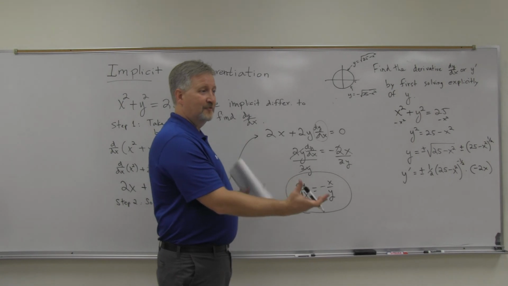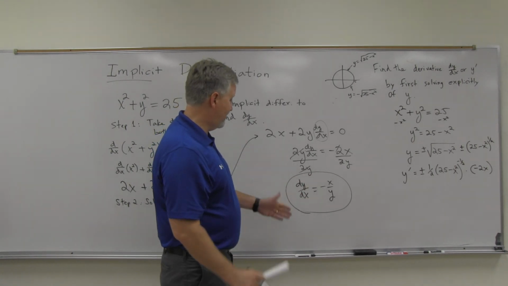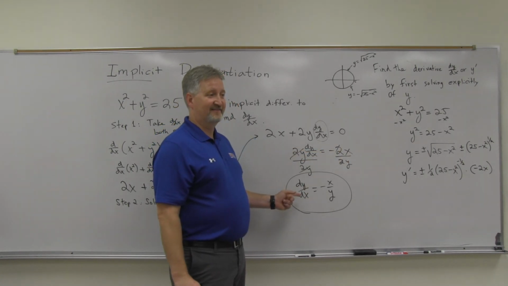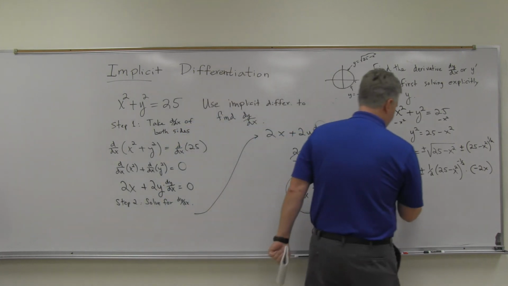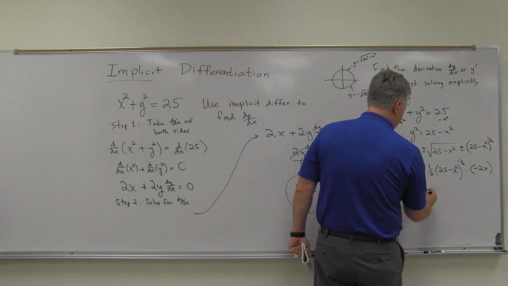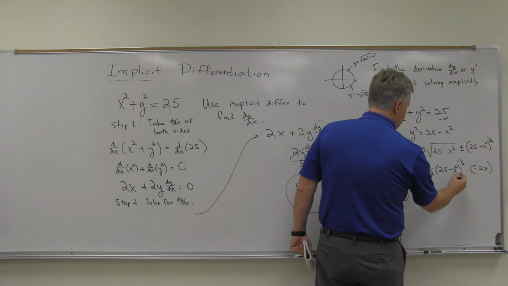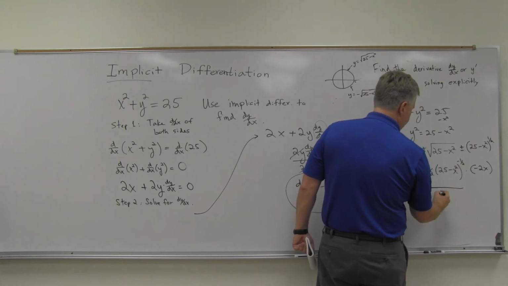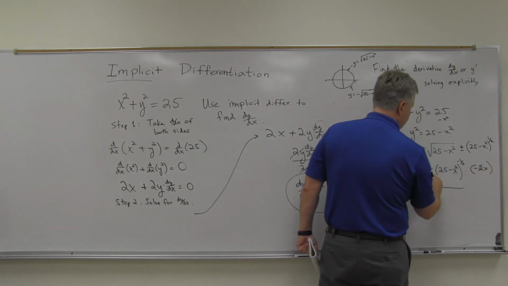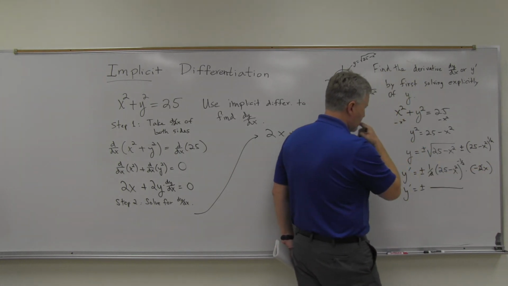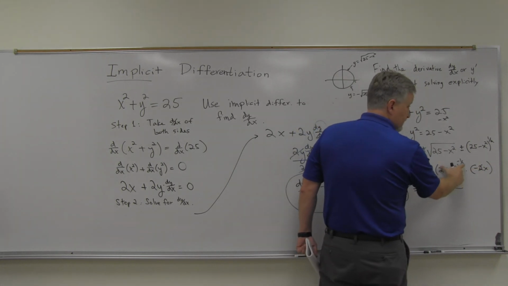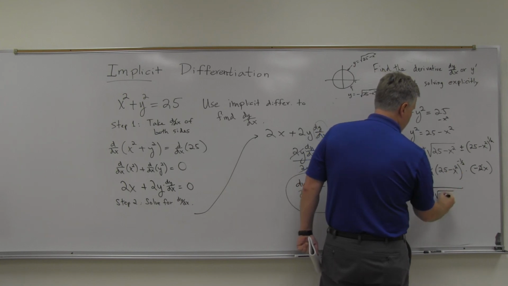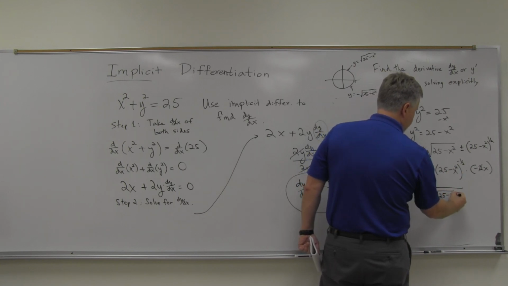Now, we're trying to compare to make sure these two are the same. That looks a whole lot different than this. But let me just clean this up a little bit. All right. So let's say I do this. So that would be in the denominator. Oh, the 2's cancel. So I've got a 2 and then a minus 2 there. But that would be in the denominator as the square root of 25 minus x squared, right?